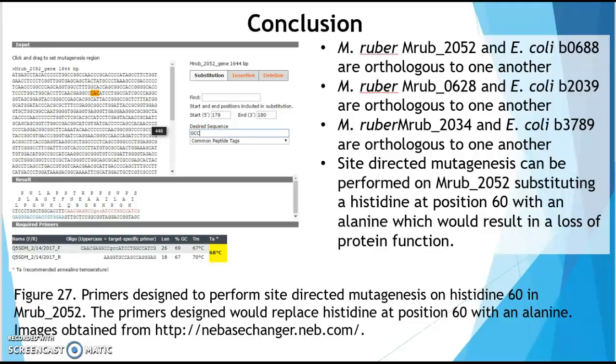The histidine at position 60 was chosen to be the amino acid that was to be changed. This is because histidine is known to be very important to protein function. So using NEBaseChanger, primers were designed to substitute histidine with an alanine, which would most likely result in a loss of protein function.